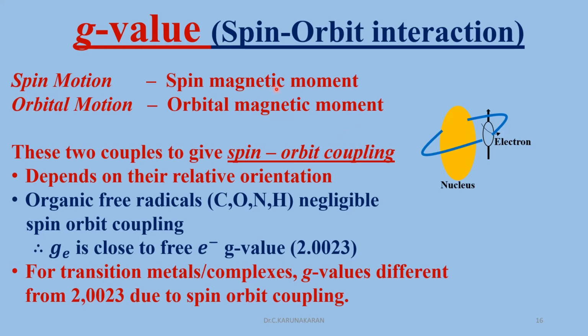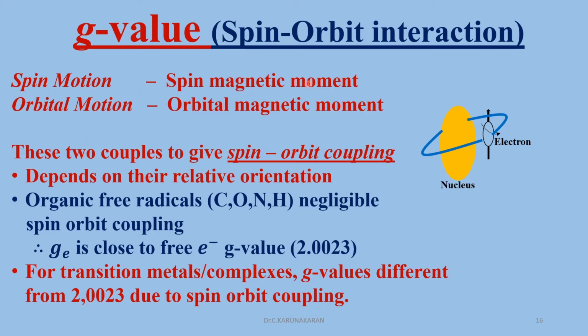In NMR, we have the chemical shift value; similar to that, in ESR the g value is obtained. For free radicals, organic free radicals, there will be no spin orbit coupling. What is spin orbit coupling? What is spin orbit interaction? As I said earlier, the electron spins about its own axis and also revolves in orbit. Therefore, the electron has spin magnetic moment as well as orbital magnetic moment.